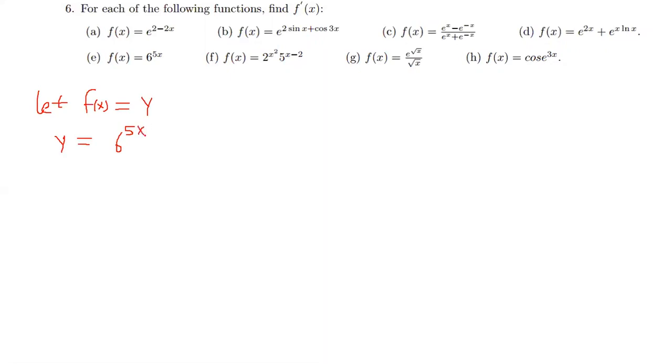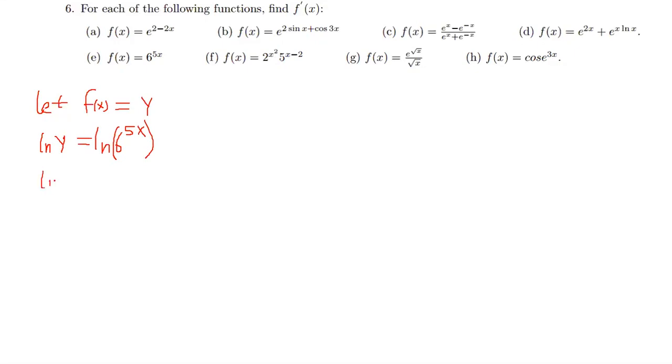So what I'm going to do here, in order to differentiate this function easily, I'm going to introduce ln on both sides. According to the properties of logarithms, we know that this 5x can go down there.